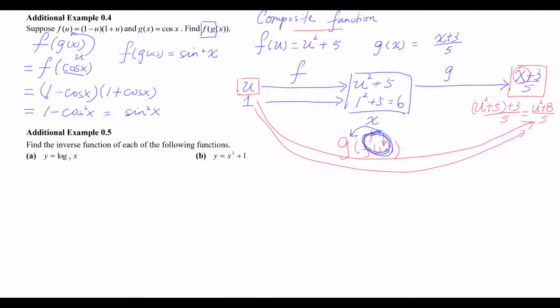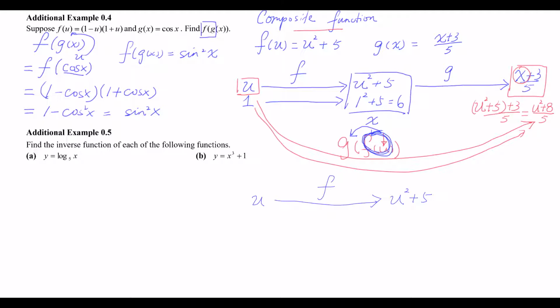Now, in this case, if I take this one as an example, under function f, we have u squared plus 5.